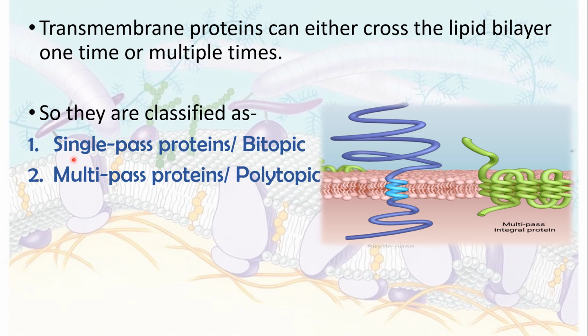The first one is single-pass proteins, also known as bitopic proteins, as they span the entire lipid bilayer only one time. And the second one is multi-pass proteins, or polytopic, as they span the lipid bilayer more than once. You can see over here, these particular proteins are spanning multiple times in the lipid bilayer.